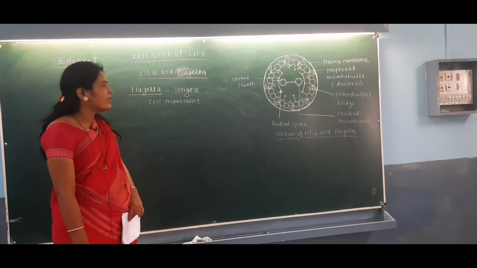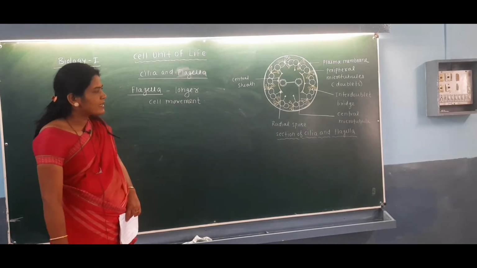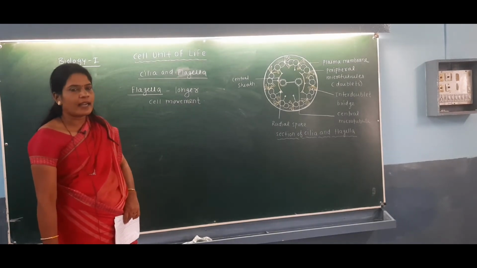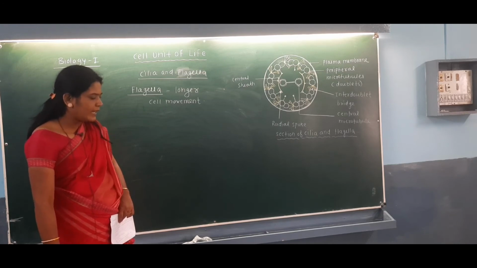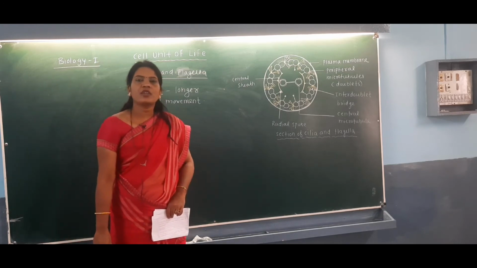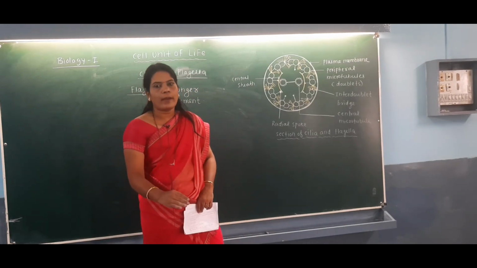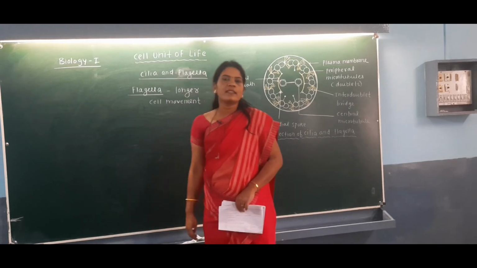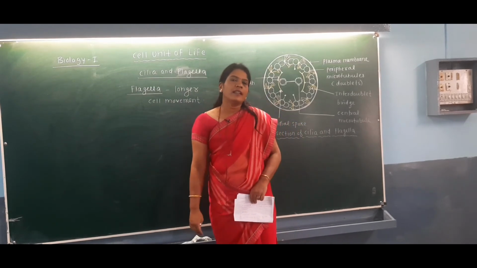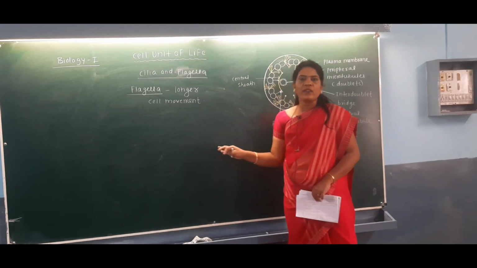And now students, see here, there is one diagram you can see on the board, and under that the label is: a section of cilia and flagella. If the cilia or flagella is observed under the electron microscope, then you can observe the structure of that cilia and flagella.